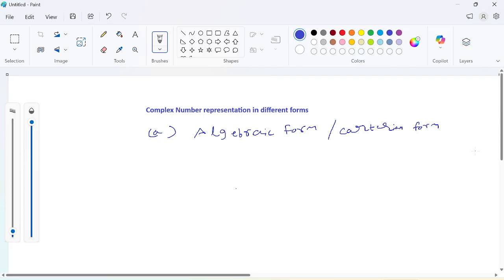Every complex number, we know, is z equal to x plus iy, where x, y belong to real numbers. Whenever something is associated with i, that will be the imaginary part, and i equals square root of minus 1.